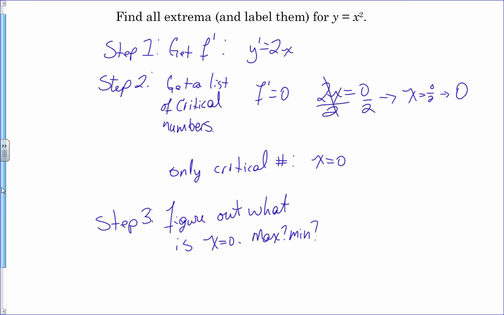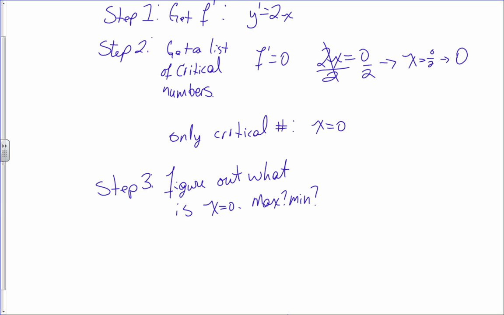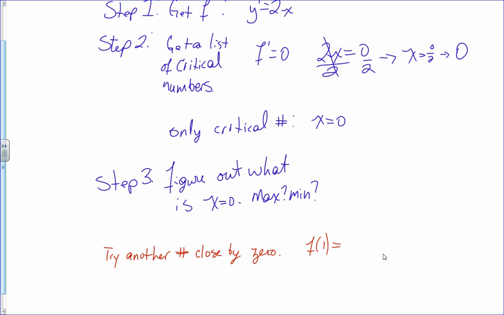So what we want to do is try another number close by 0. Let's try 1, for example. So let's do f of 1. Going back to our original function, y equals x squared, it's 1 squared, which equals 1.